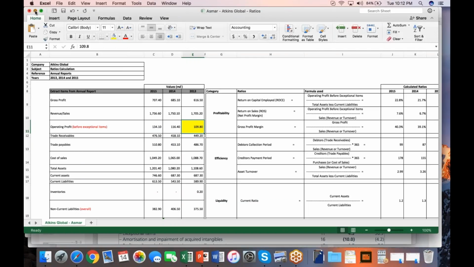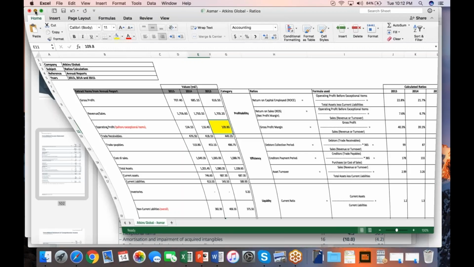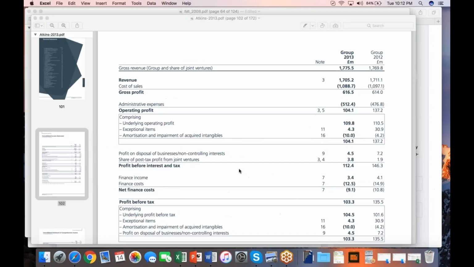Now see, and I need your advice on this. If you come down, you see these two line items: profit on disposal of businesses of non-controlling interest. Now remember these words. This profit has come by selling the non-controlling interest business, 4.5 million, and share of post-tax profit from joint ventures.